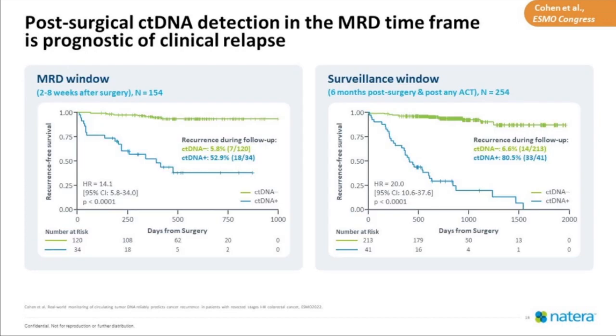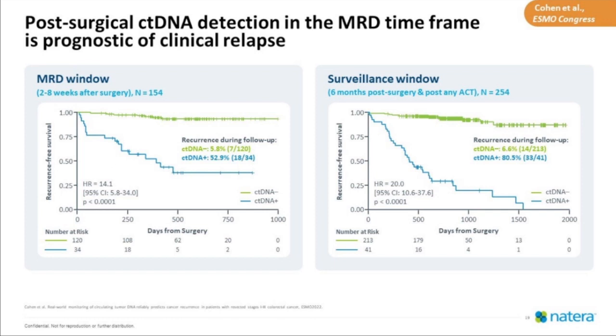There are two particular aspects that we should talk about in terms of monitoring. On your left side is the MRD window, the minimal residual disease window, which is 2 to 8 weeks after surgery, where we want to get that first post-surgical sample. As you can see here, the majority, 7 out of 120, had a negative ctDNA test, and 18 out of the 34, 52%, had a positive ctDNA test.